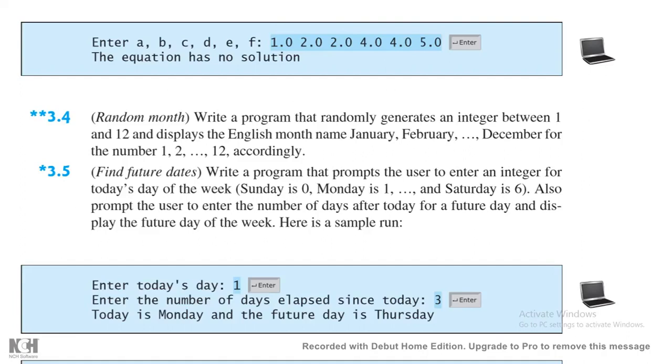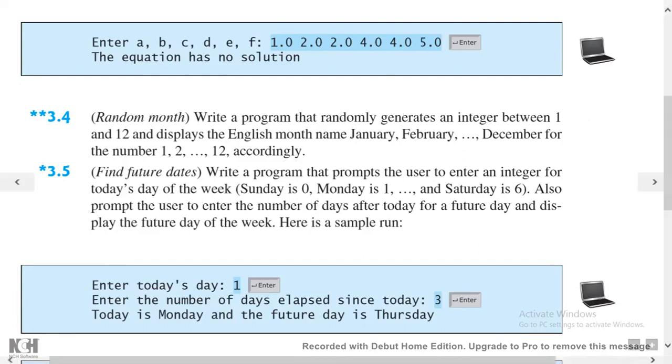Also prompt the user to enter the number of days after today for a future day, and display the future day of the week. I don't know, it feels like I did this problem before, but anyway, let's continue.